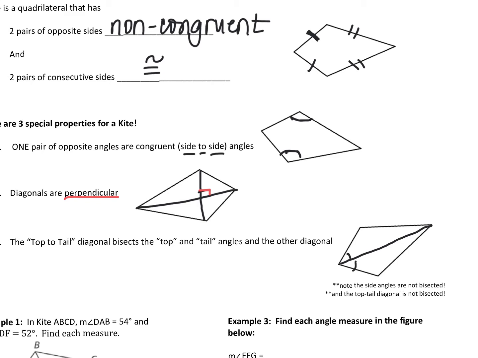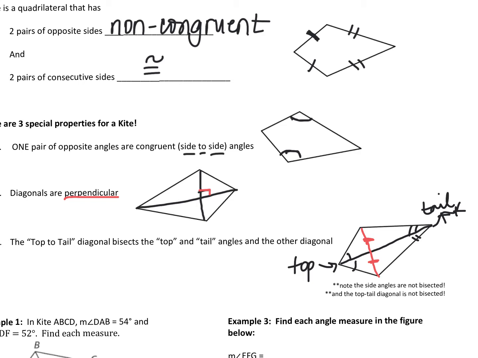Let's say this is our top, and this is our tail of the kite. Okay, so those angles are bisected, and the other diagonal is also bisected by that top to tail diagonal.